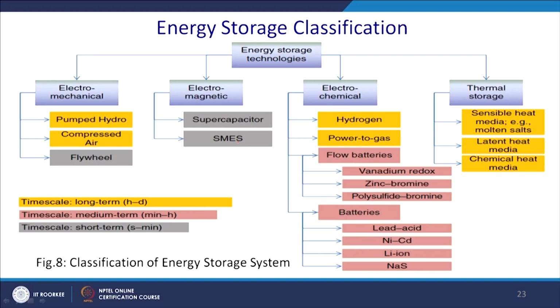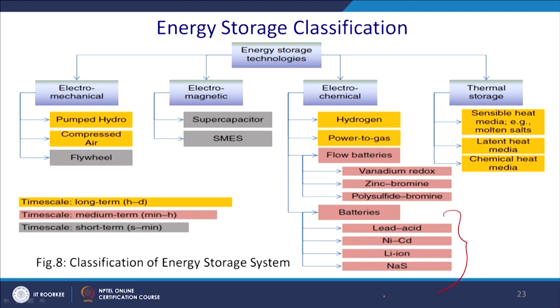There are different kinds of flow batteries: vanadium redox, zinc bromide, polysulfide bromine. These are all chemical processes where chemical engineers have a say, and the others are batteries.